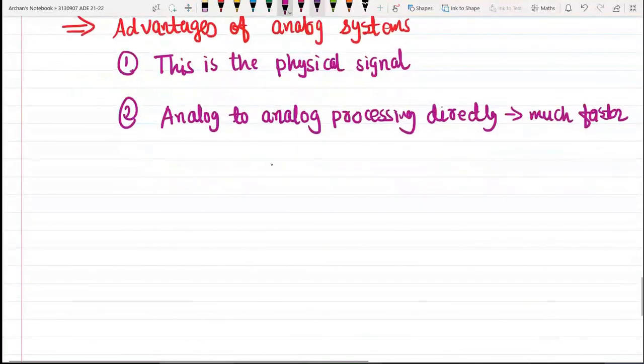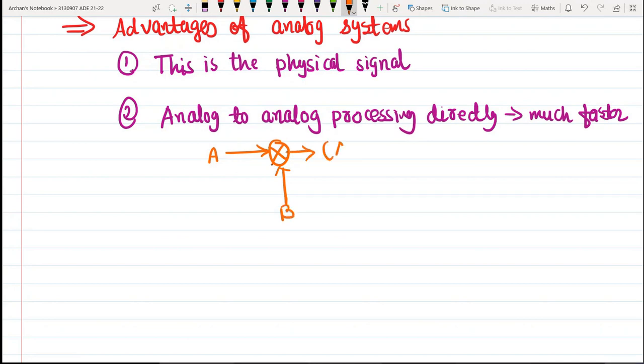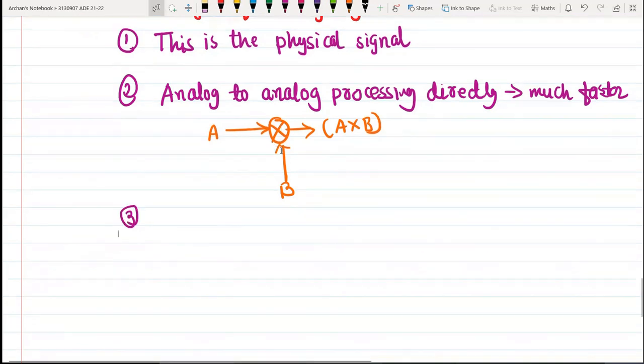Say I am considering the same case. I have one input A, I have one input B, and I want to take the product of these two inputs A and B. It will be much faster if we can process these two analog signals directly. So the processing time will be reduced in case we are dealing with analog systems only, right?